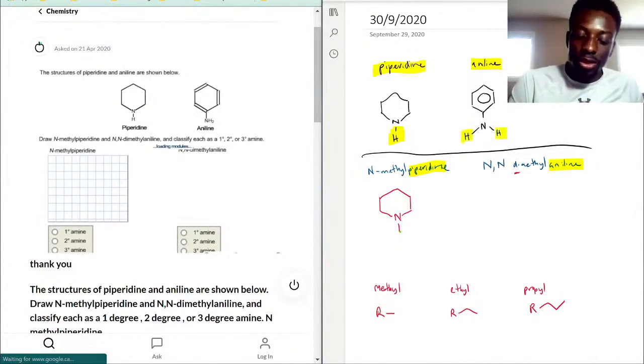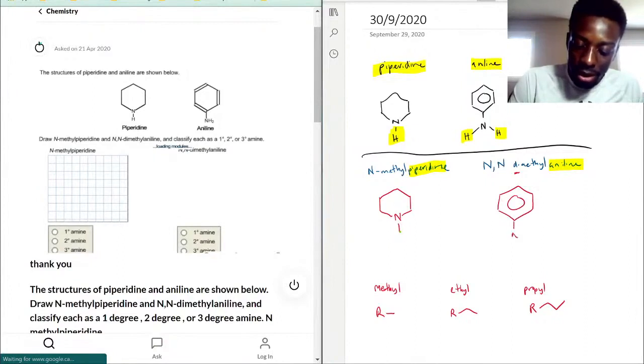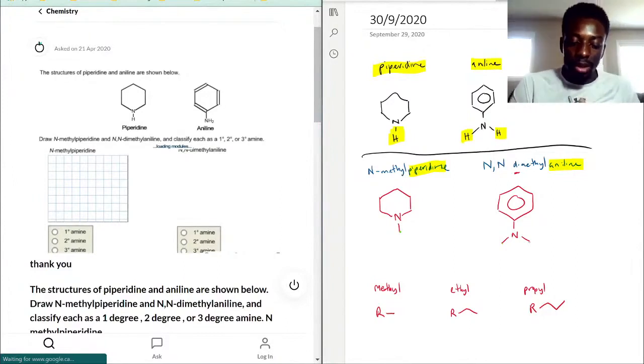So now both of these hydrogens don't make the cut anymore. So now in your picture you have the benzene ring and the nitrogen, and they just have two little sticks sticking out, because that signifies we no longer have the hydrogens, we now have CH3s in each part. Okay, so that's how you draw them.